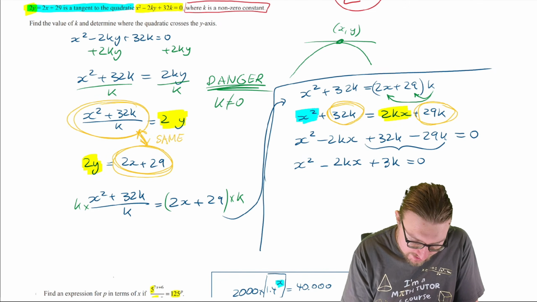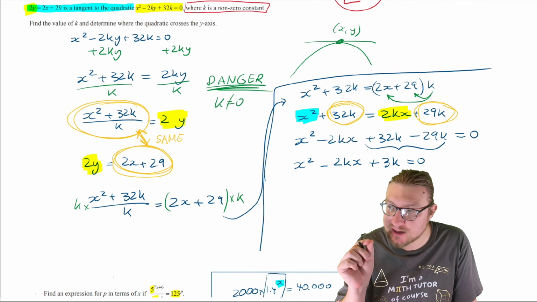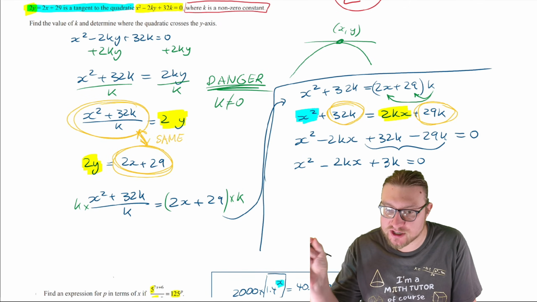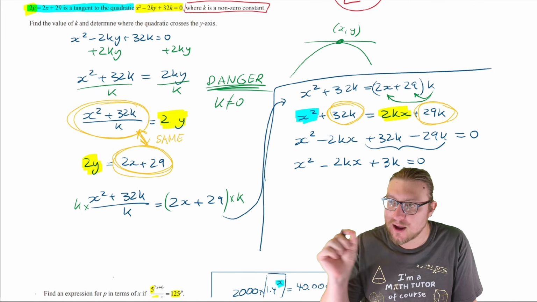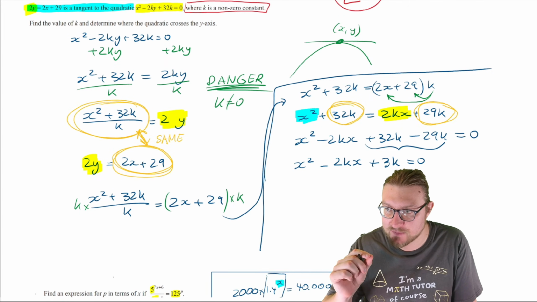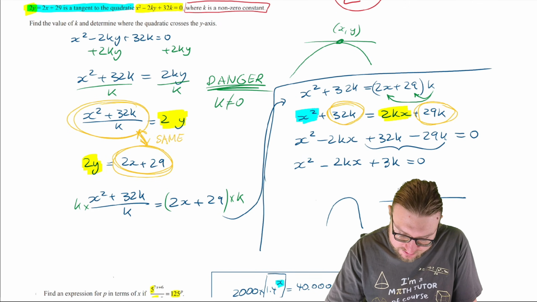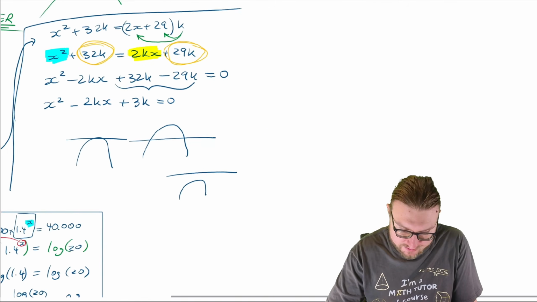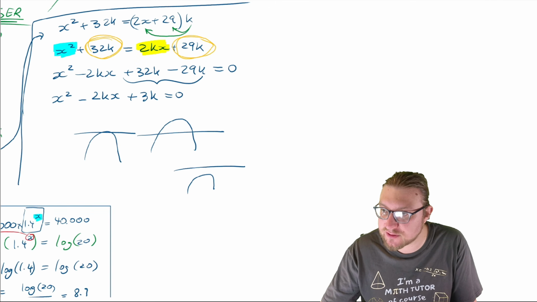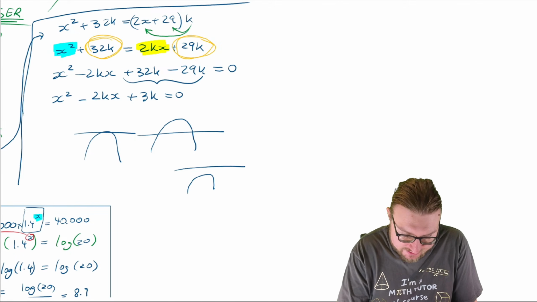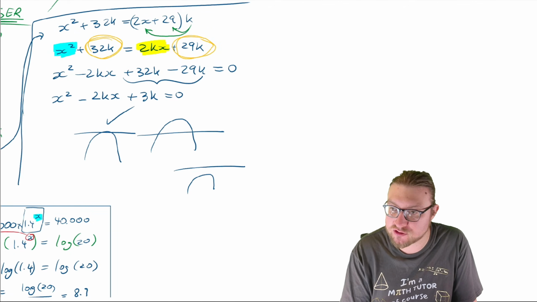Remember here, what we had is we had a quadratic and a linear equation, a straight line and a parabola, and we set them equal to each other. That could result in this situation, it could result in this situation, and it could result in this situation. Oh, sorry. There we go. Yeah, so these are the three situations, and it's telling us that it is this situation over here.